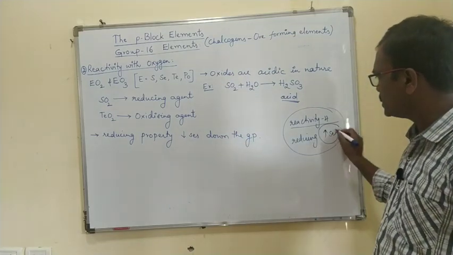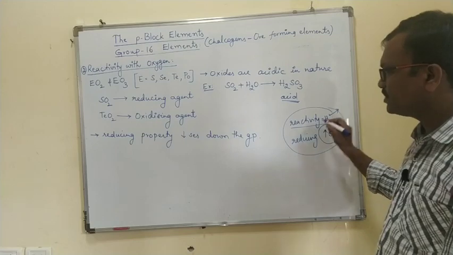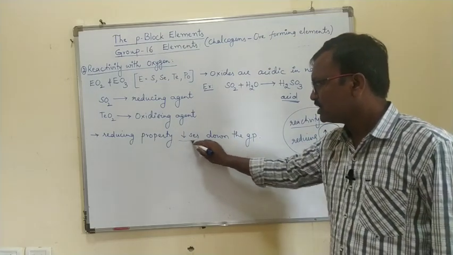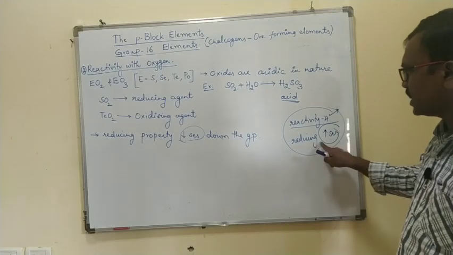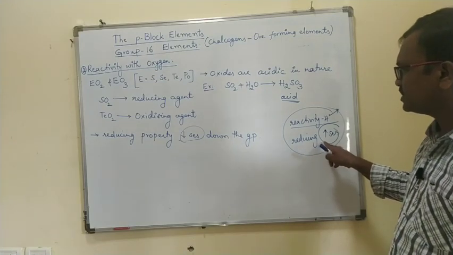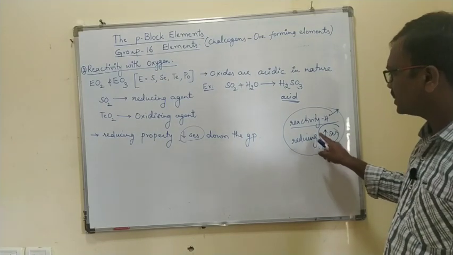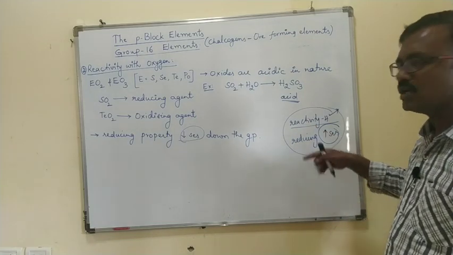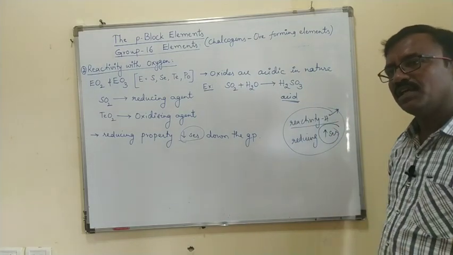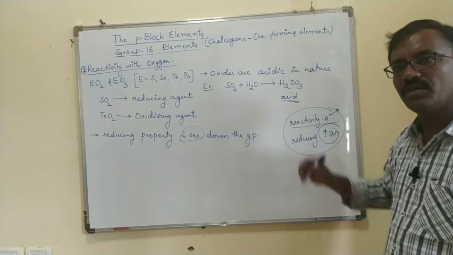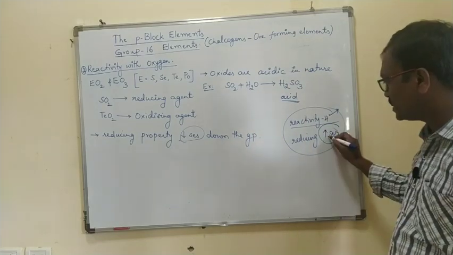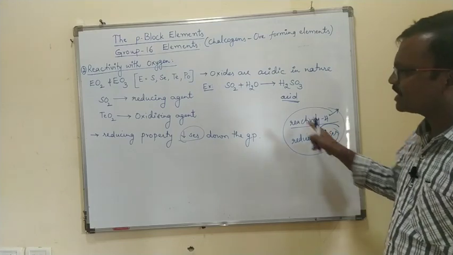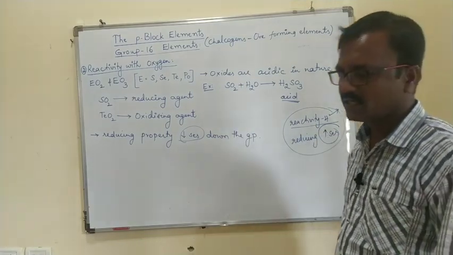So one increases in the case of reactivity with the hydrogen, the other decreases in the case of reactivity with the oxygen. I explained why the reducing property increases down the group: because the bond length increases from sulfur to tellurium. That's why it gives the hydrogen readily. That's why it increases. This one is exactly opposite.